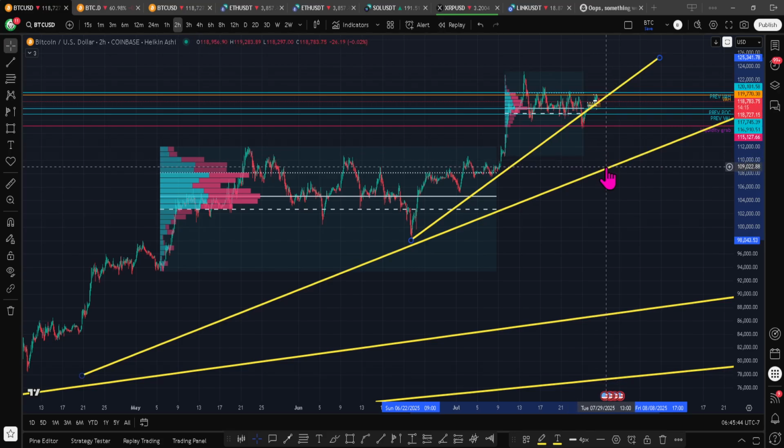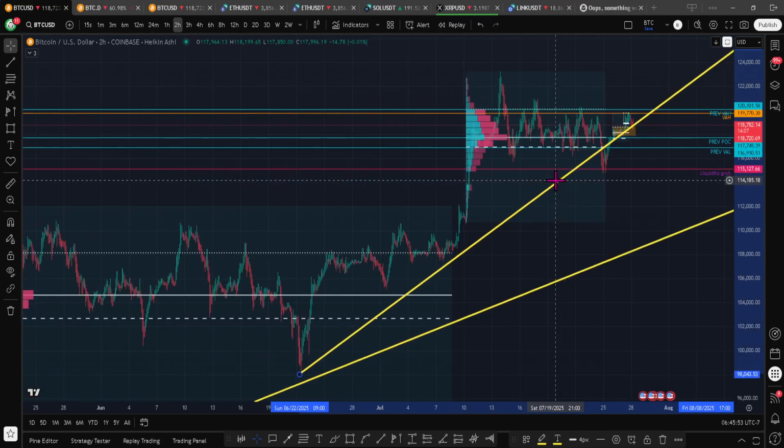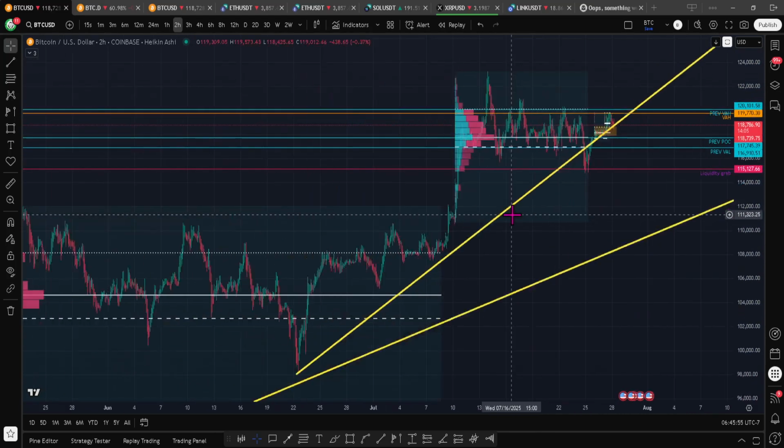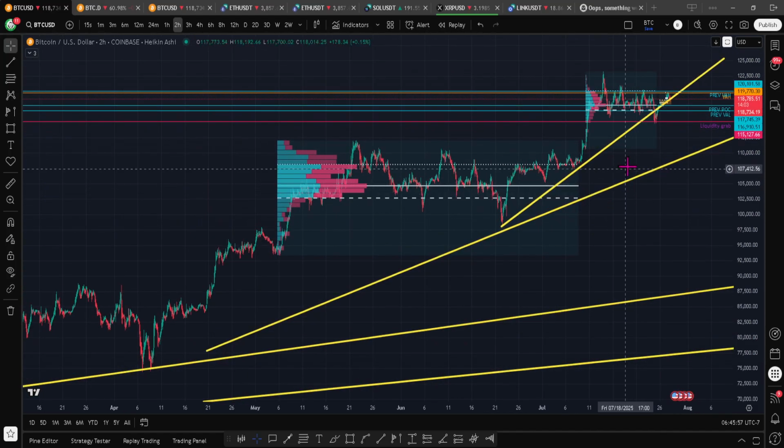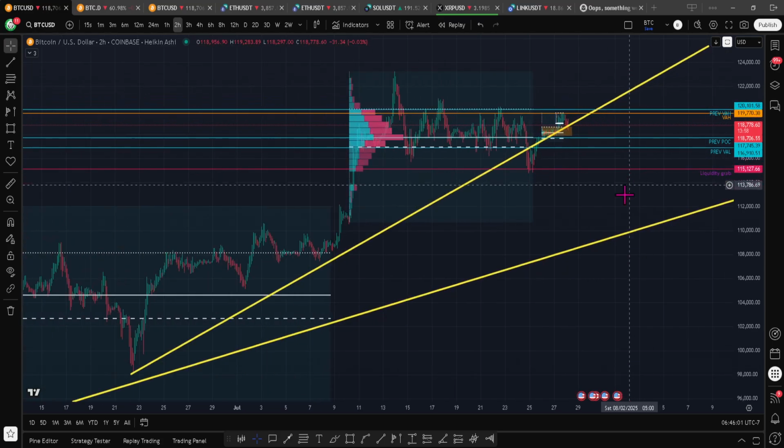Say we do come to like 109,000 or something like that. Very possible. So we have to keep those in mind. But for our day trade, now we know our short-term possibilities, not even midterm.